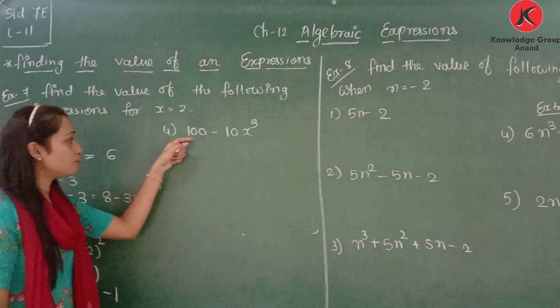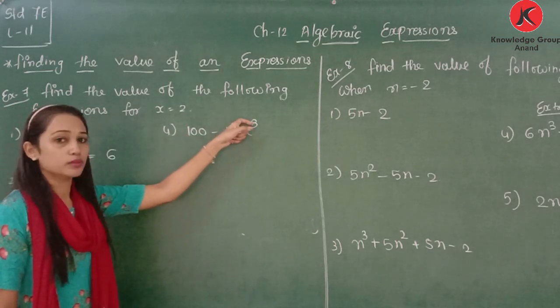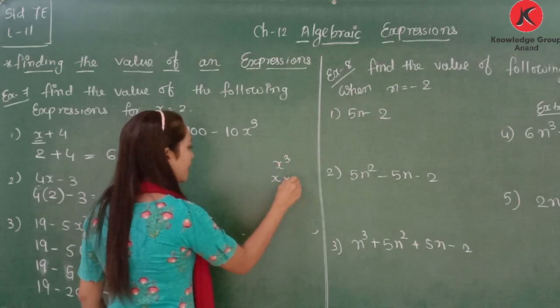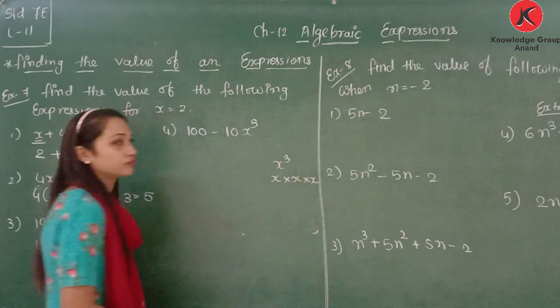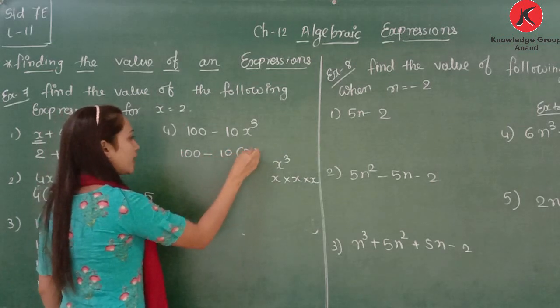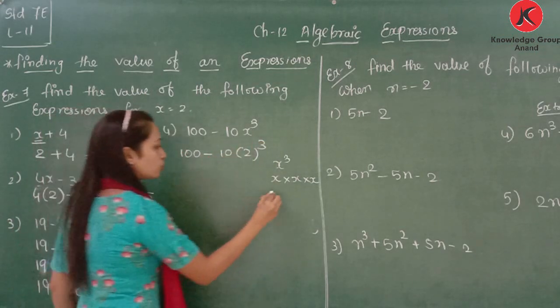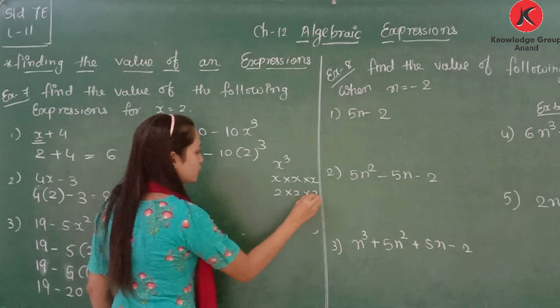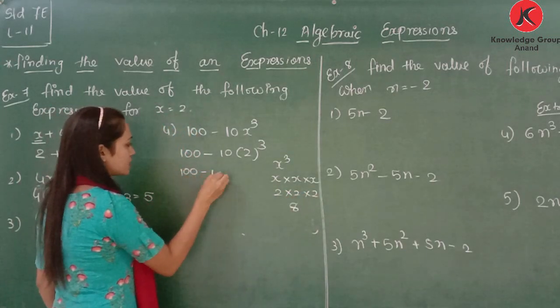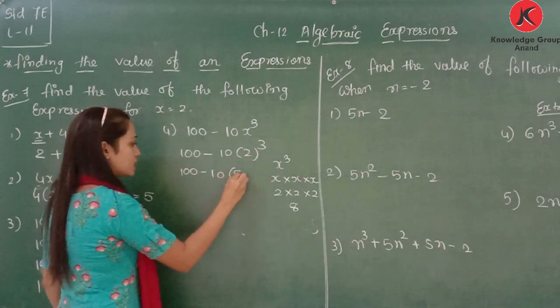Now the fourth one, 100 minus 10 x cube. x cube means x multiplied by x multiplied by x. So if we write 2 instead of x, we get 2 cube. 2 cube means 2 multiplied by 2 multiplied by 2. That is 8. So 100 minus 10 times 2 cube, 2 cube is 8.